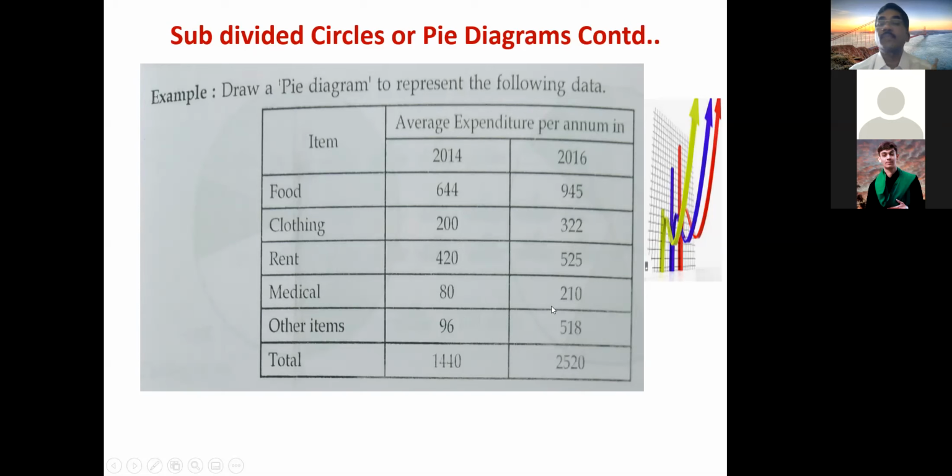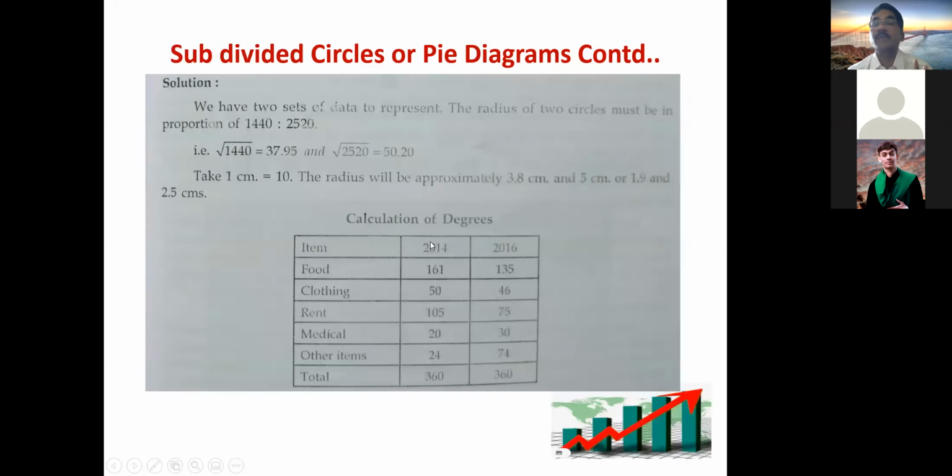This is the problem. Now this problem is to be depicted, to be calculated in this way. The solution is that we have two sets of data, 2014 and 2016. The radii of the two circles must be in proportion to 1440 and 2520.